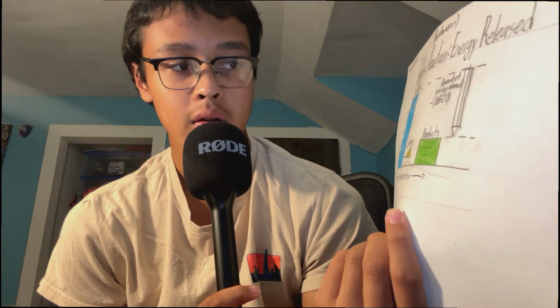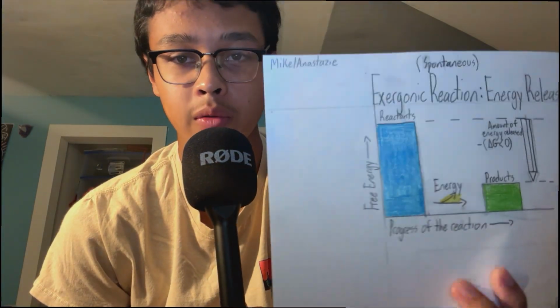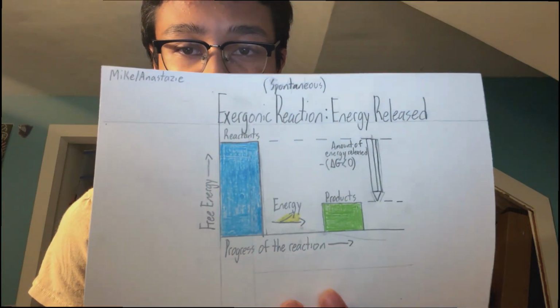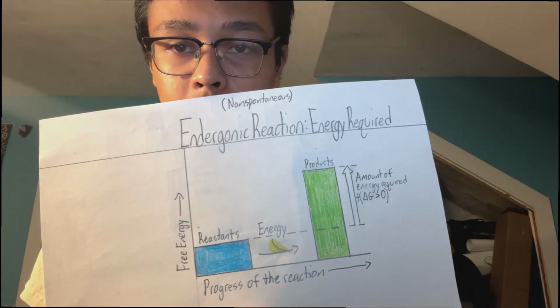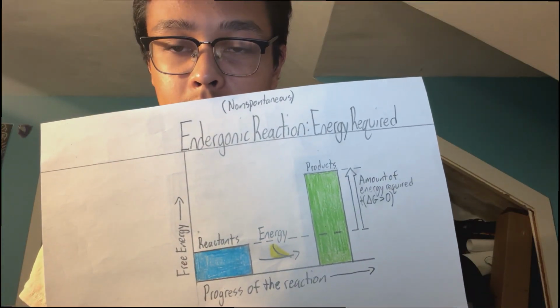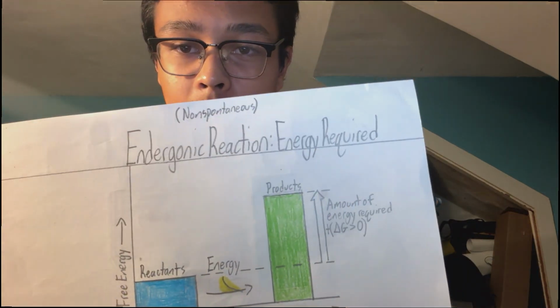This results in a negative free energy amount. The amount of energy released is shown in the bar below, and the energy required for the endergonic reaction.